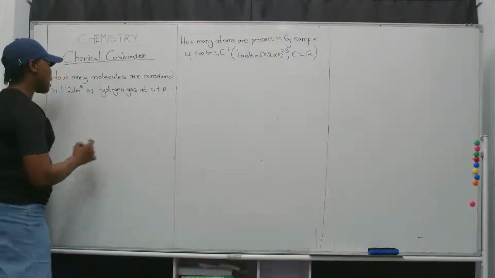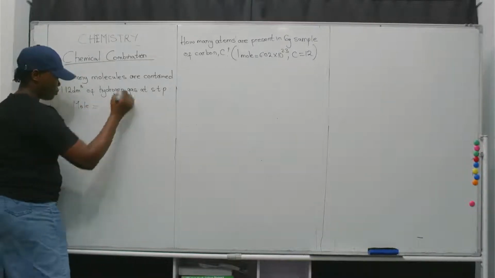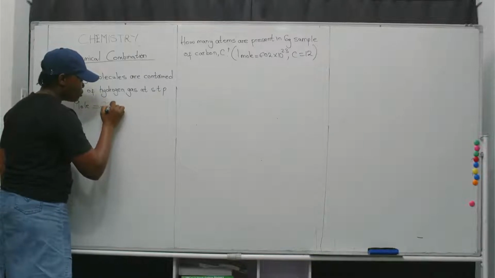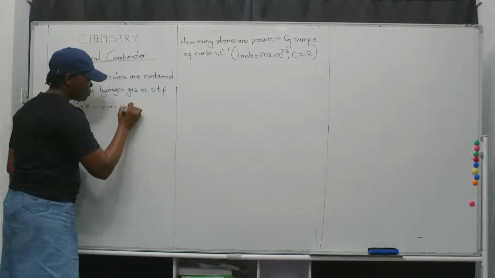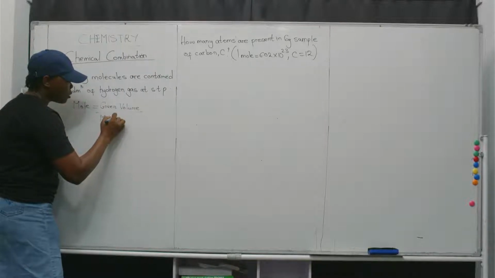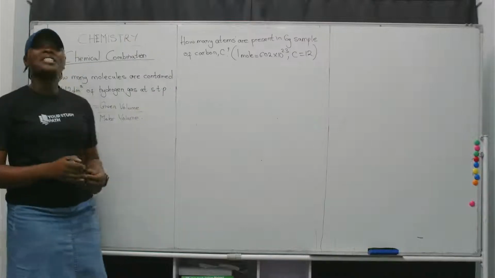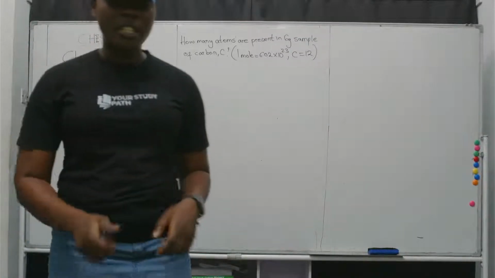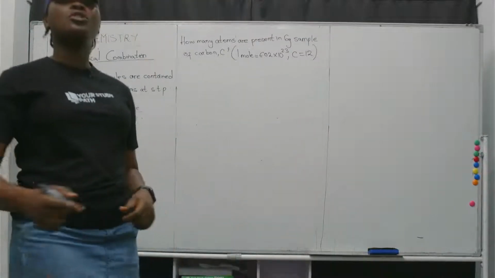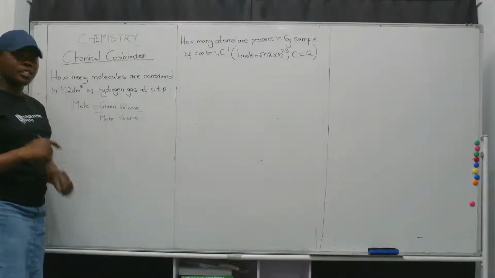I made mention that mole is equal to given volume over molar volume. And at STP, the molar volume is known to be 22.4 dm³.